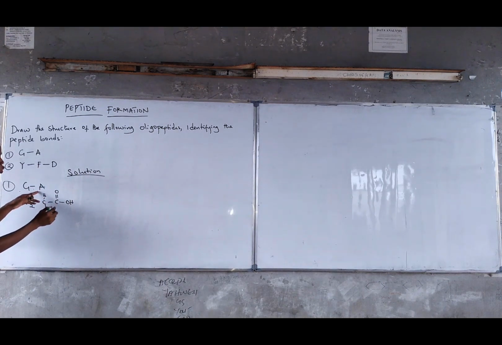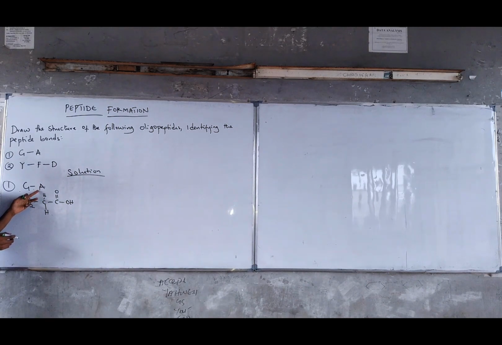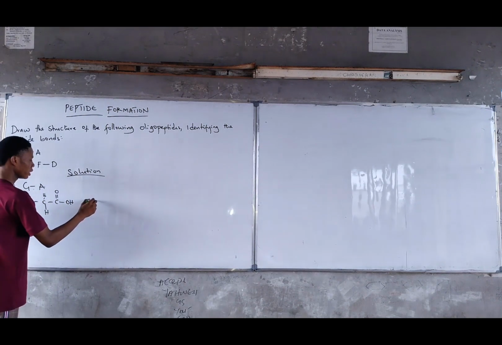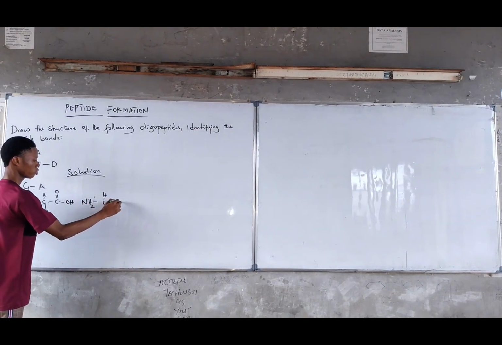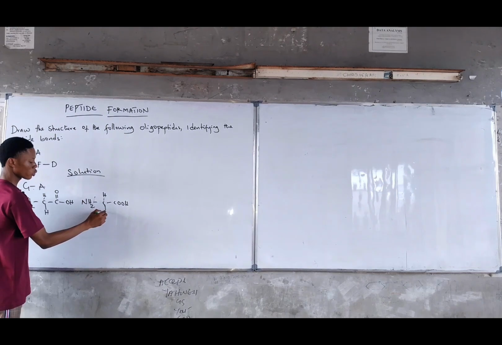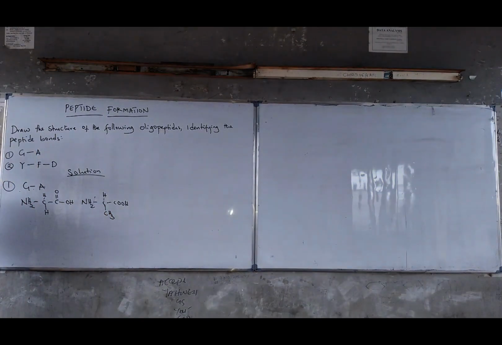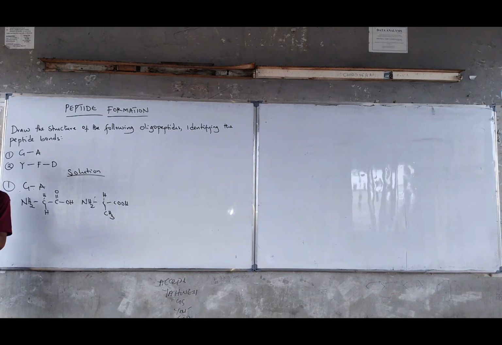Now the A is what? Alanine, right? Is it not? Alanine. So now draw alanine here. The R group here is what? CH3, right? Good. Now, how are they joined together? That is the question. It's a condensation reaction.